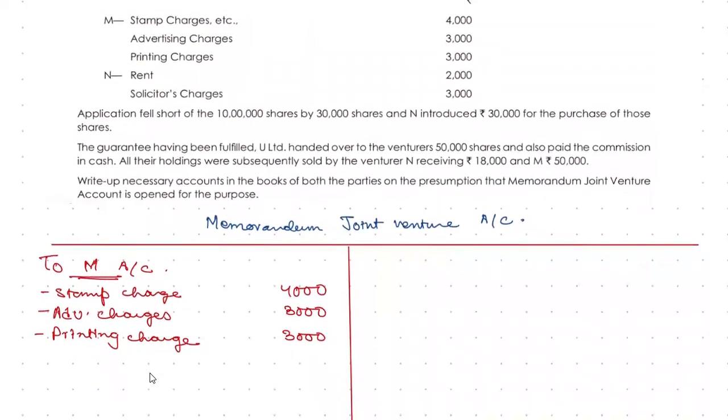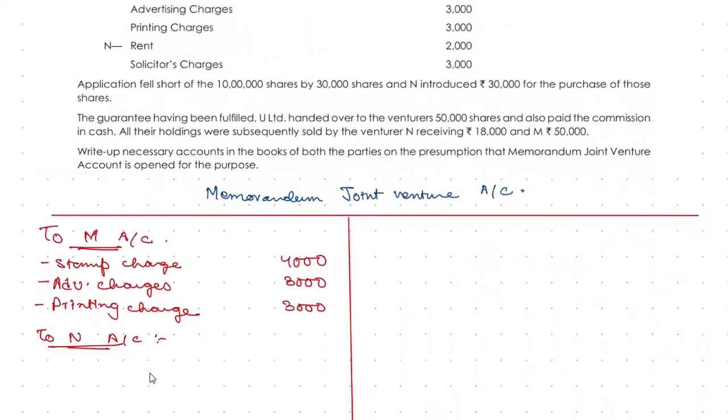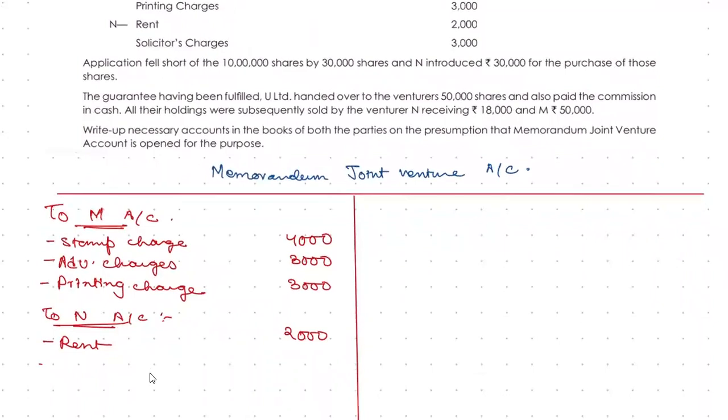Now N: rent 2,000. Solicitor charges 3,000. Correct? Simple. यहाँ तक कुछ नहीं है समझने लायक.